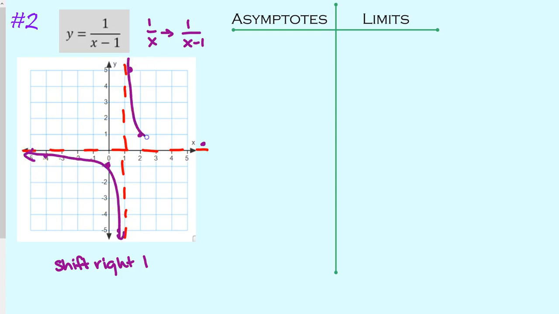Here's the graph of y equals 1 over x minus 1. So let's write the asymptotes. For the horizontal asymptote, we have y equals 0. And for the vertical asymptote, we have x equals 1.